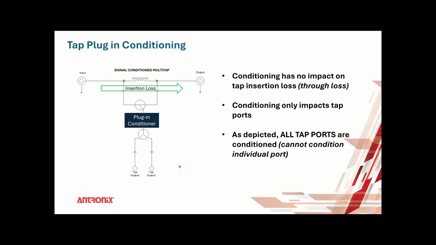And Neil, while you have this slide up, is it okay if I say something about it? Just to try to clean up what I was saying earlier. It's the plug-in conditioner that actually has some impact on your port-to-port isolation. So what I was trying to let the techs know is that if the plug-in conditioner was missing, our customers' modems could interfere with each other in some cases.